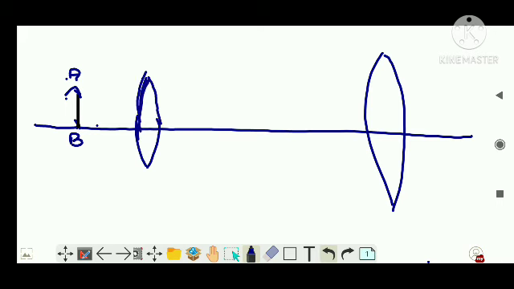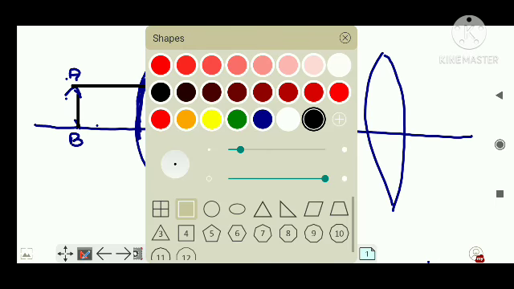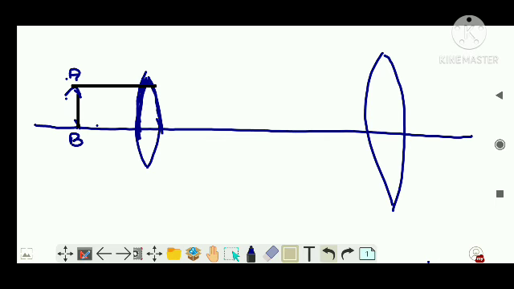Actually, the lens is small, but in order to draw the diagram, I'm just making it large. Now, one light ray will be entering, let's say straight like this, right? Then it undergoes a bending, right?